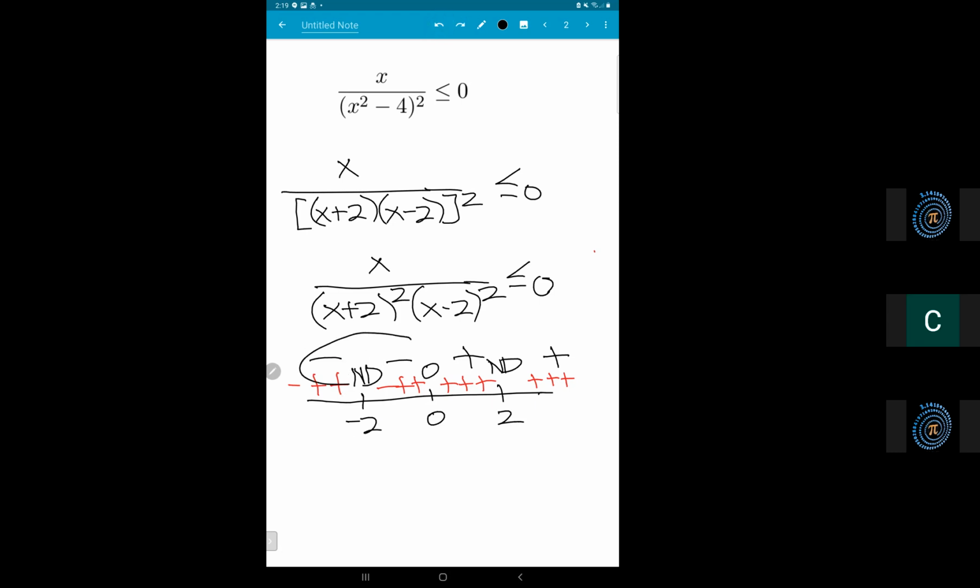Although we have negative both in those intervals, we write the solution set as -infinity to -2 open, union -2 to 0 closed. Any question?